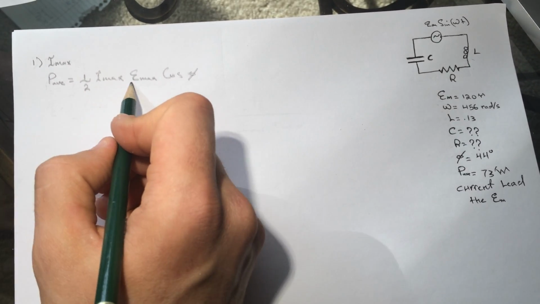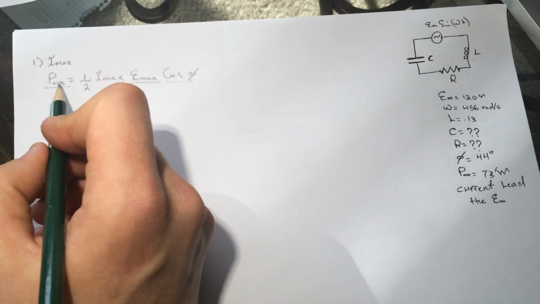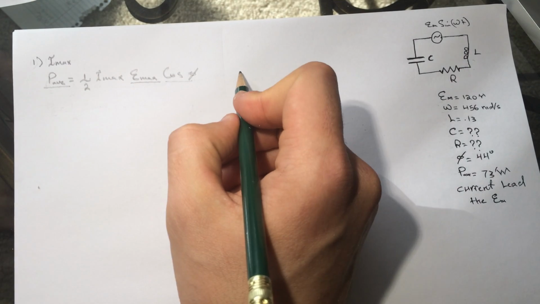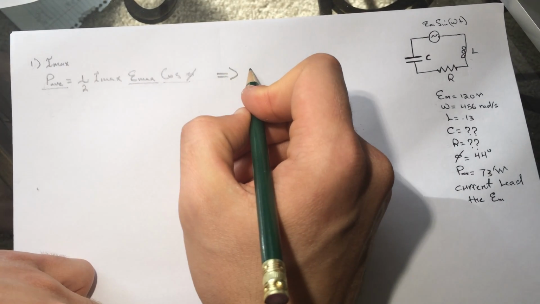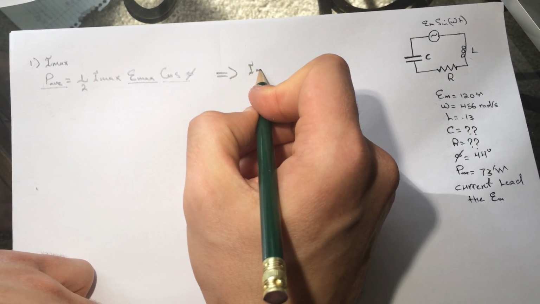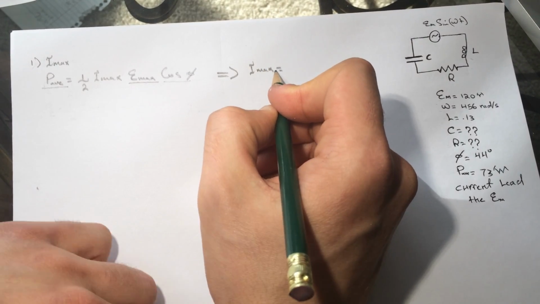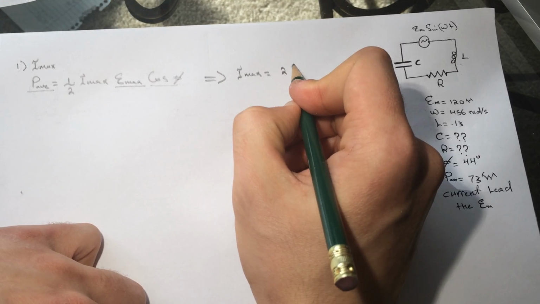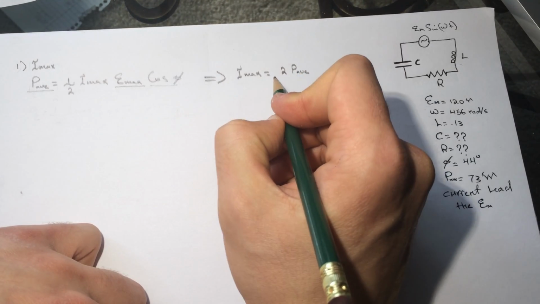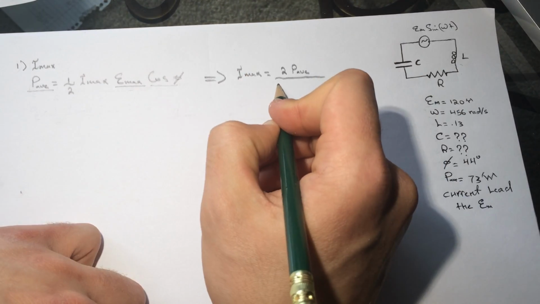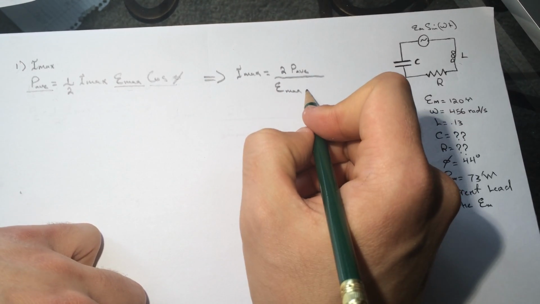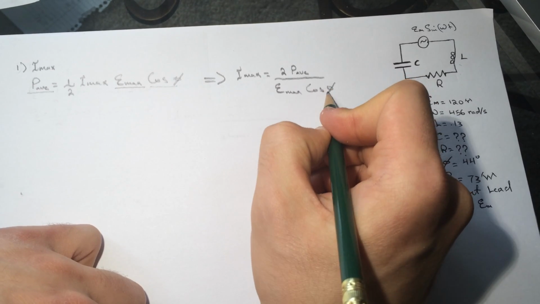So we have the I max, we have the cosine, we have the P average, so we're just solving for the I max. So from here, I max will be equal to 2 P average divided by the voltage max for the generator divided by the cosine of phi.